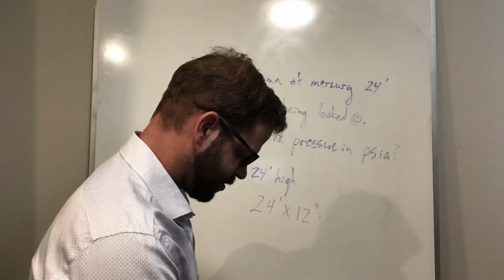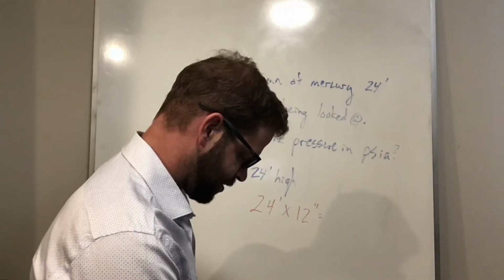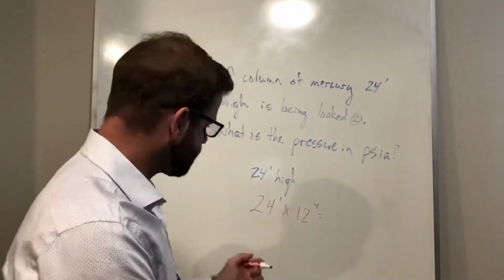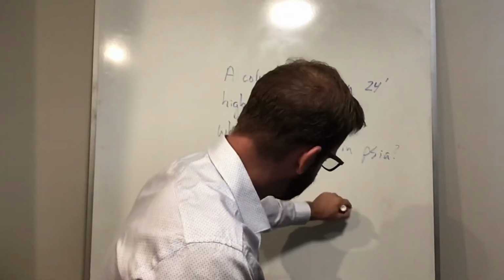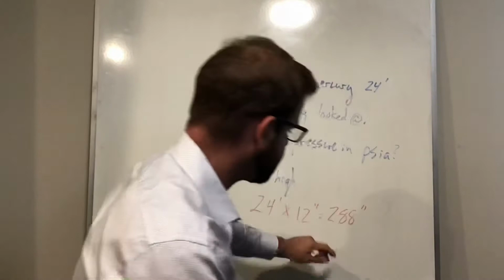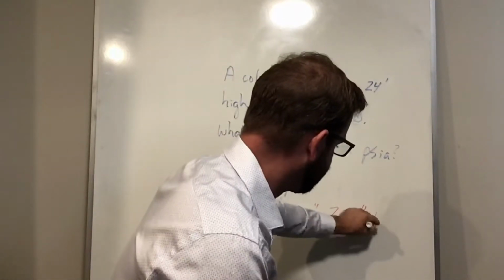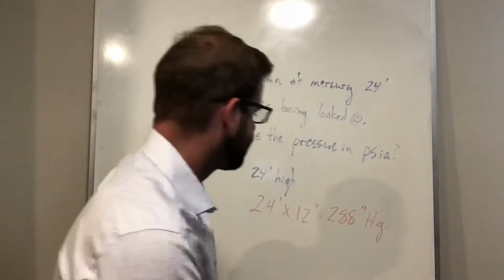I believe it should be 288. So we've got 288 inches, so that would be inches of mercury, okay?